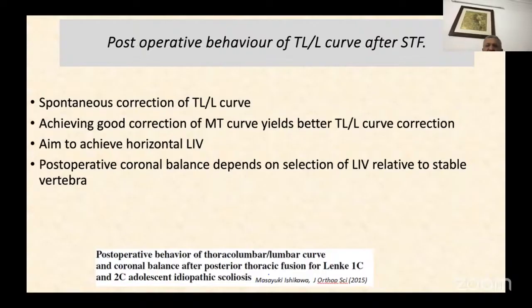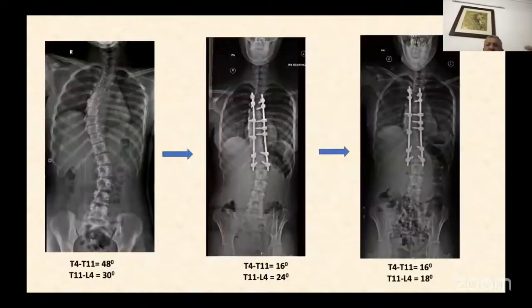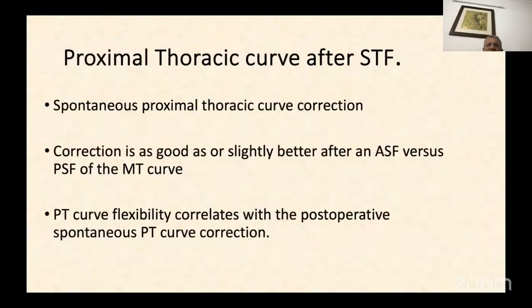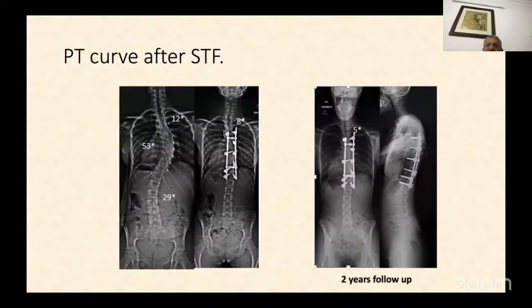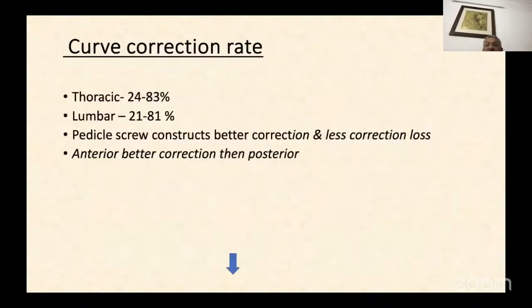Okay, and these corrections are relatively maintained over a period of time as shown in the literature. The correction is not only in the distal curve, but the proximal thoracic curve also undergoes correction in a curve that is relatively very flexible, as you can see in this particular example.